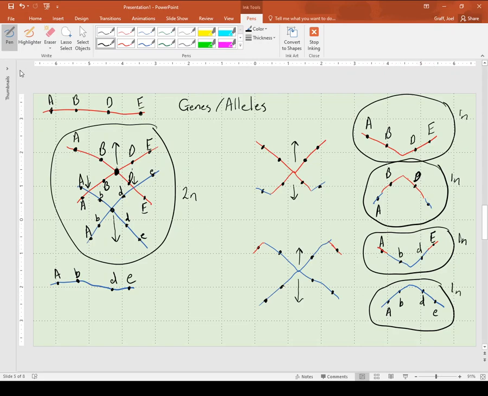That was not one of the beginning options. And then here we've got a capital, capital, capital, and then let's put in the lowercase here. And so capital, capital, capital, lowercase, that was not one of the options that we started with in these chromosomes that were in the original cell.